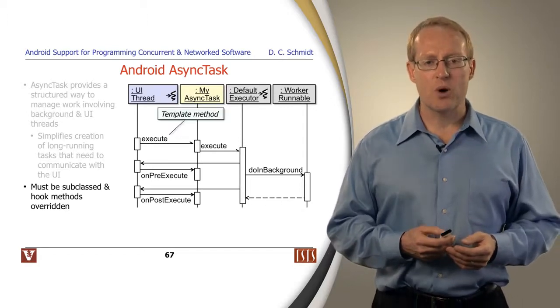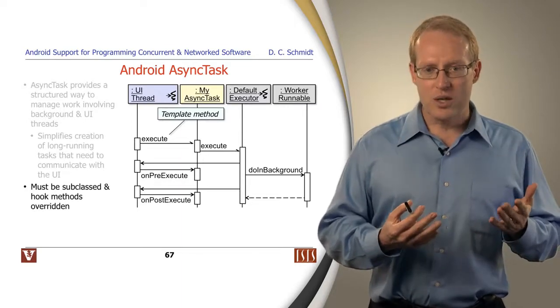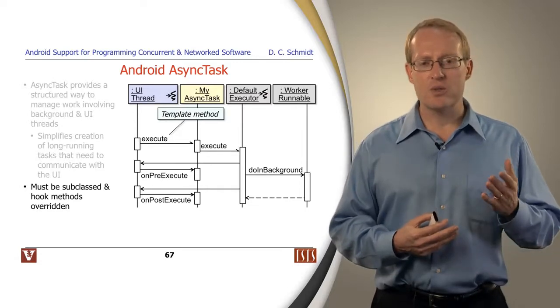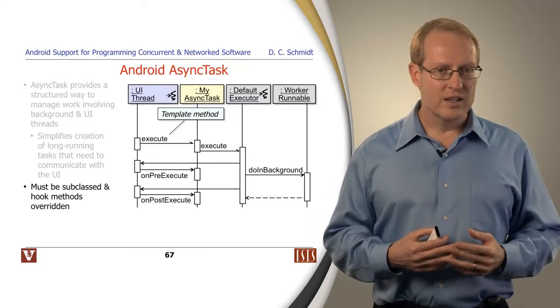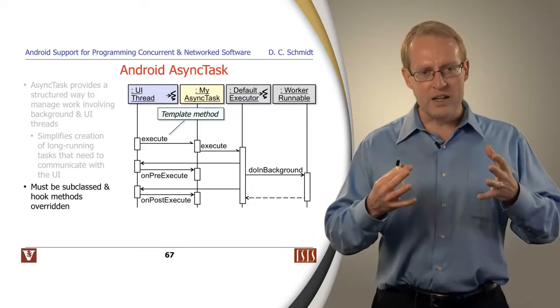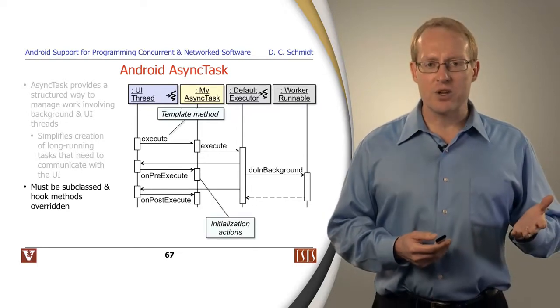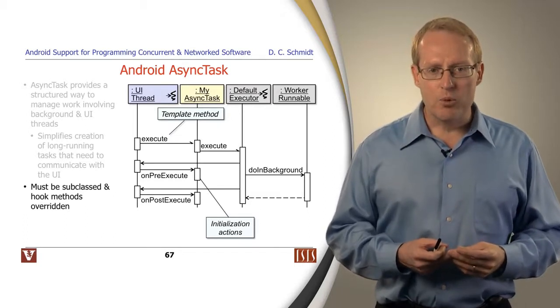The way this typically works is you as a user call the execute template method on an async task. What execute does is it collaborates with a couple of other threads and a couple other parts of the async task framework to go ahead and run certain hook methods at certain points in time. The first thing that gets called in the UI thread is something called onPreExecute.